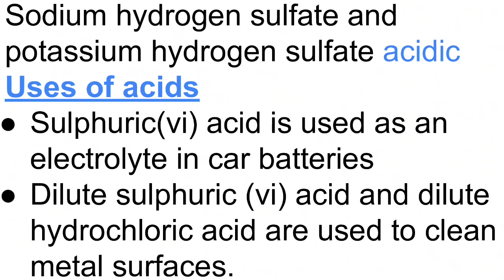Now, from there we can move on to the uses of acids. Different acids have different uses. For example, sulfuric acid is used as an electrolyte in car batteries. Those car batteries which normally have acid in them are called lead acid accumulators.